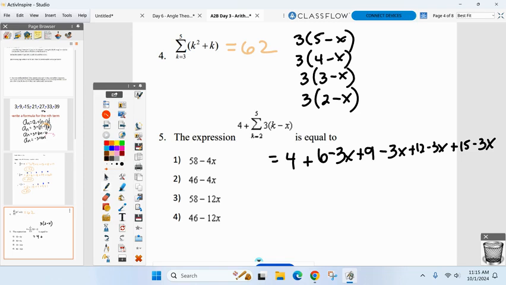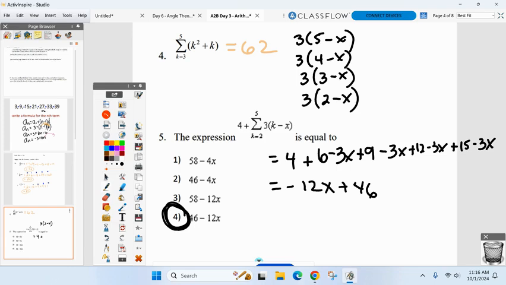Negative 12X. And then 4, 6, 9, 12, 15. 46. Is it 46? Yep. Everyone else good there?